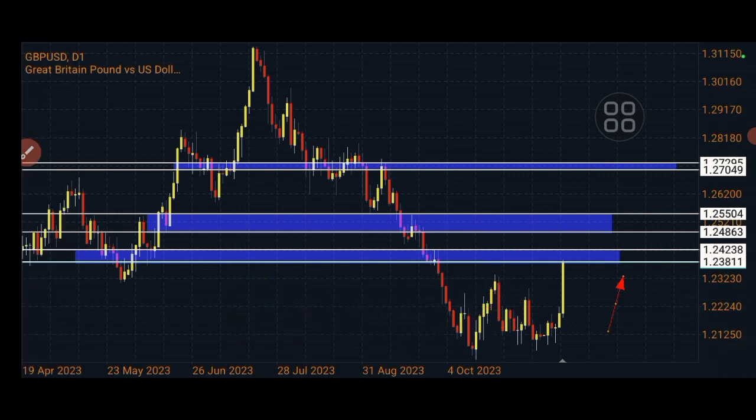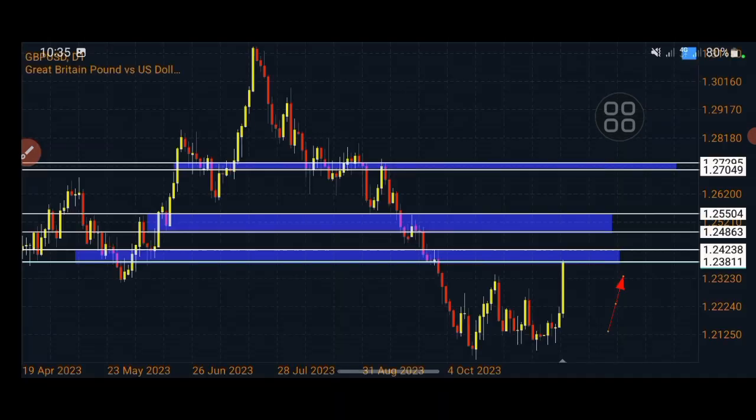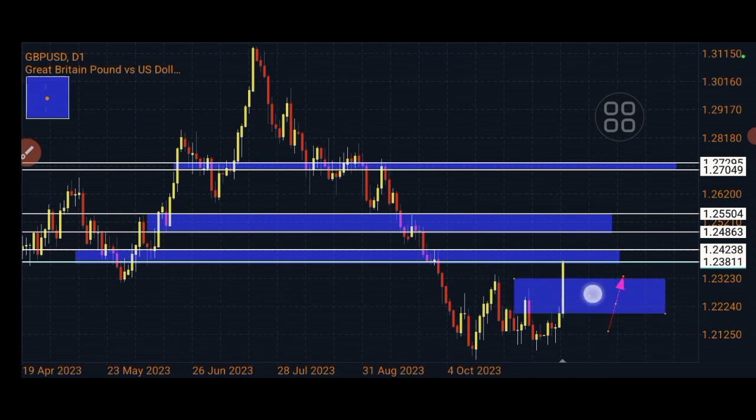So after getting the upper zone, then let me go down. Here, there will be a potential retracement to this zone here. To this zone.